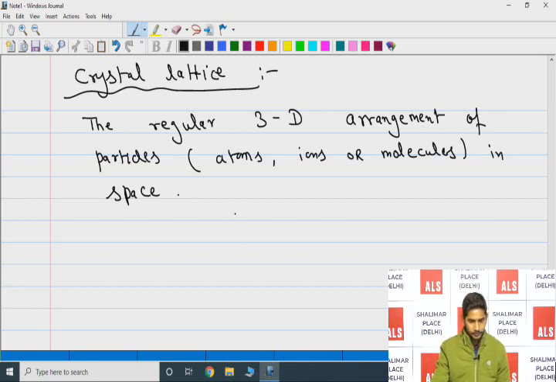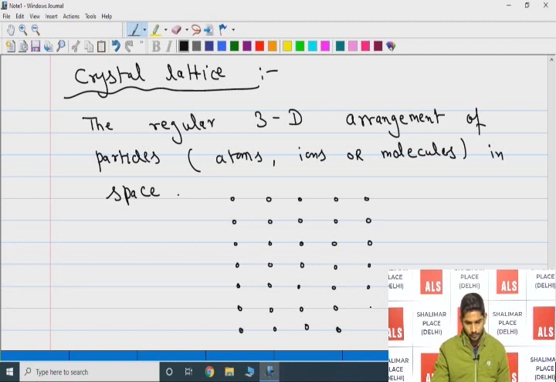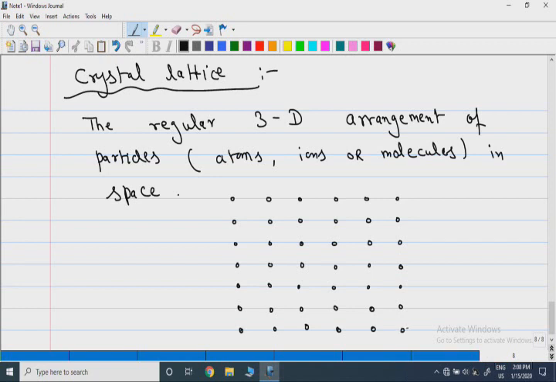So let's check out. Look at this. You can copy that statement and yes, wait for some time. First of all, let me draw it. These are the regular arrangement, means these are the particles which are regularly arranged in the space.